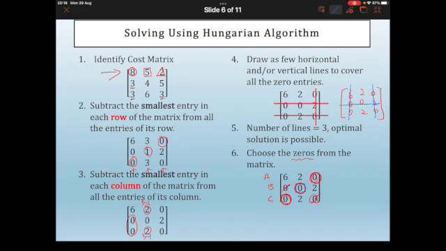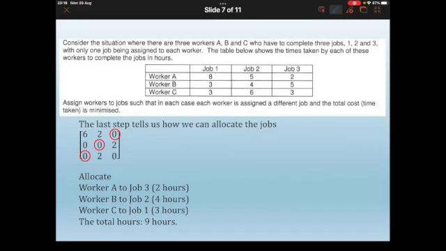Alright, therefore I cannot assign 2 to anyone else. Now once I've assigned 2 to B, I cannot assign 1 to B, I have to look at the next one, which is C. Once I've assigned to C, I cannot assign number 3 to C, therefore 3 will go to A. So either way, that's fine. Look at the column first or look at the row first.